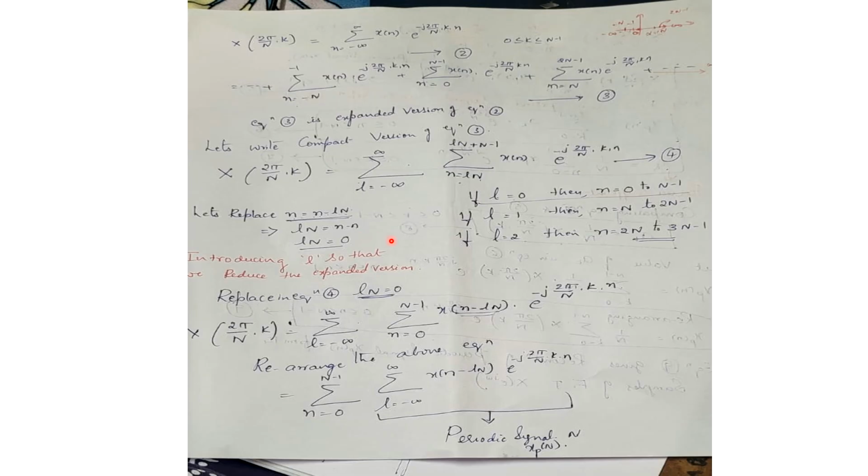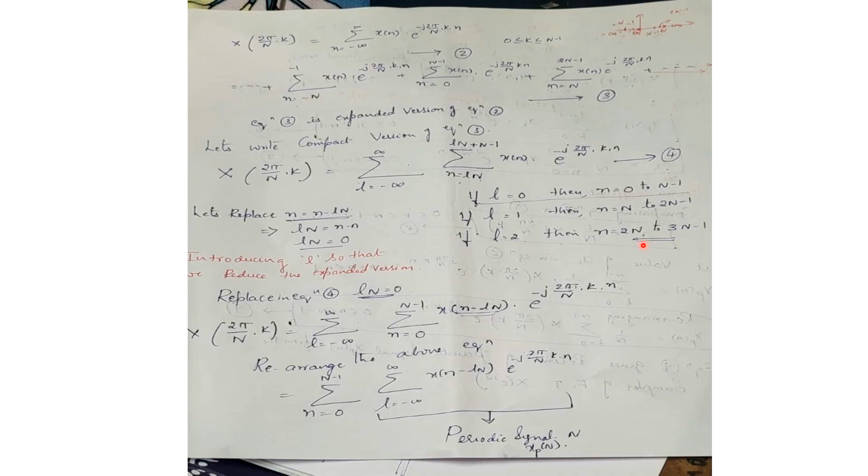So compactly we can write a single term, or within two terms, that is, replace n is equal to n minus lN, then lN is equal to N minus N, which is 0. If L is equal to 0, then n is equal to 0 to N minus 1. If L is equal to 1, then n is equal to N to 2N minus 1. If L is equal to 2, n is equal to 2N to 3N minus 1.